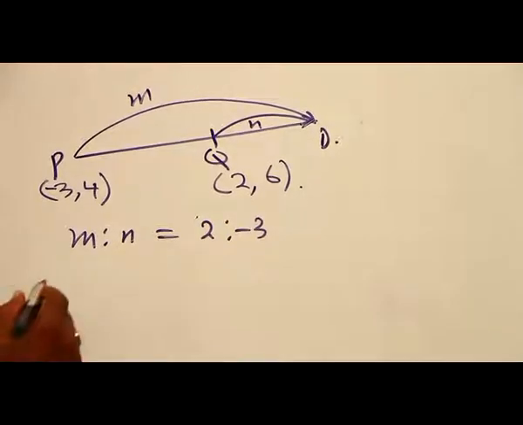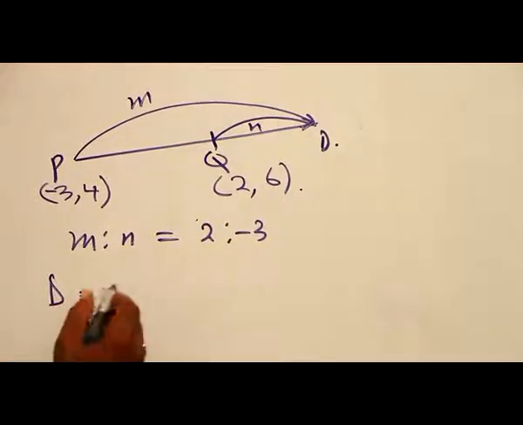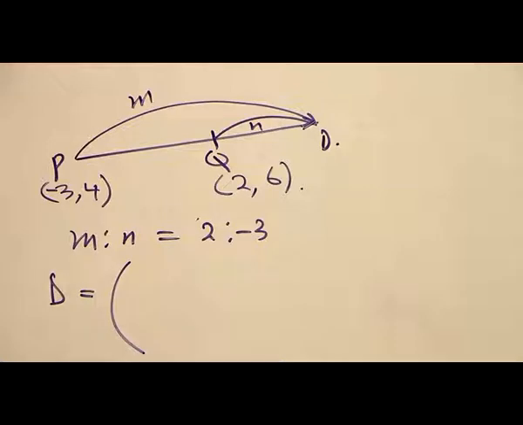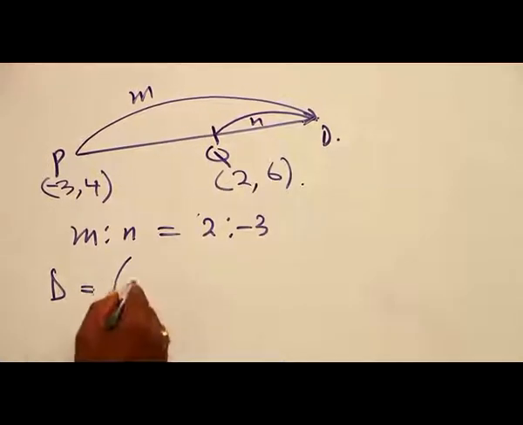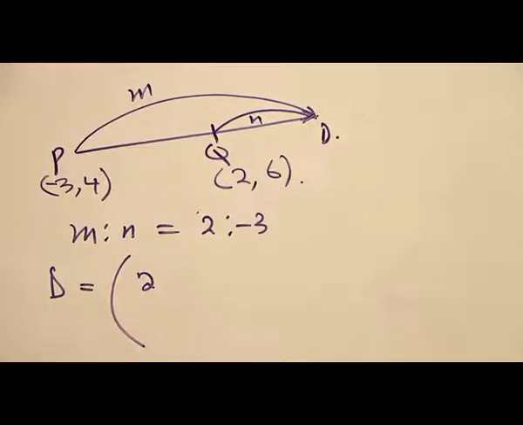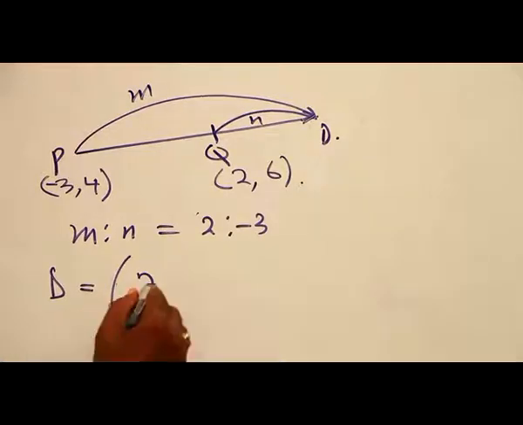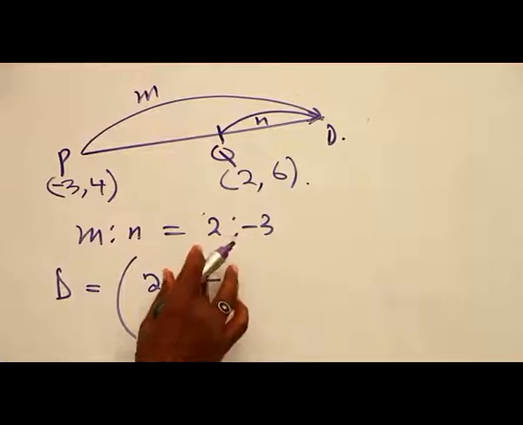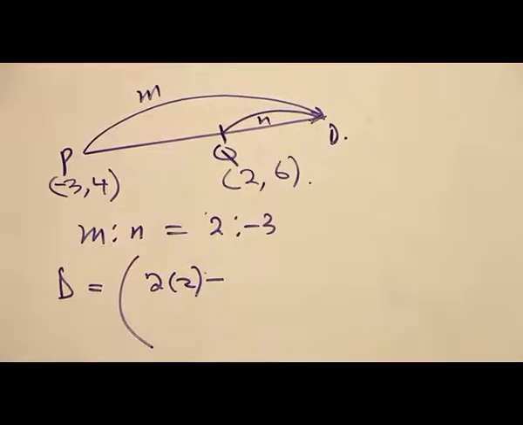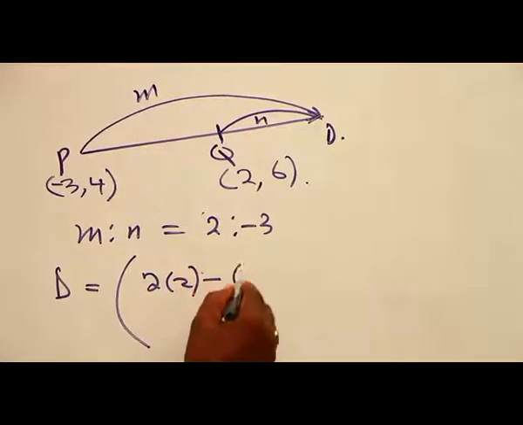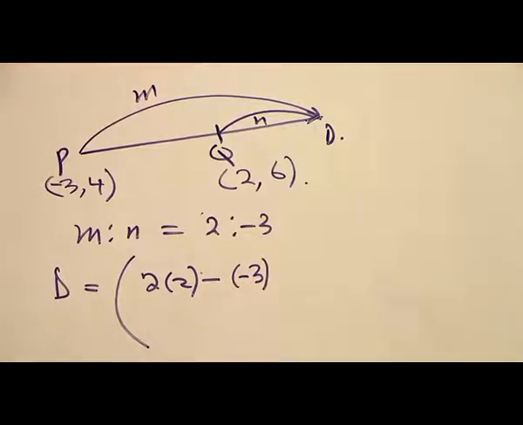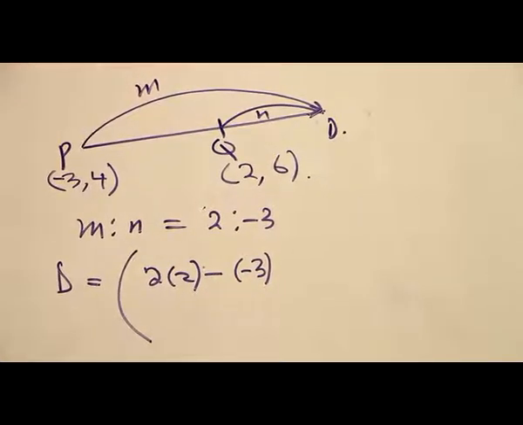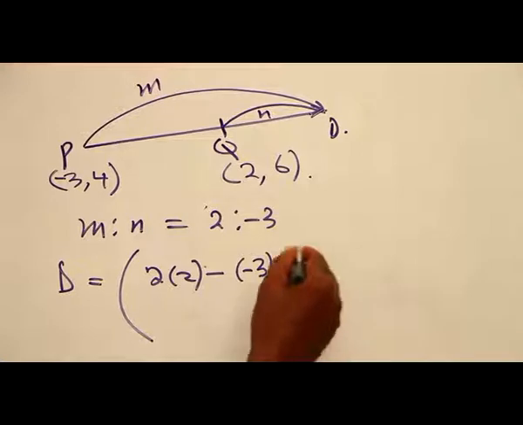Then the point D will be defined by, open bracket, our m, which is 2, multiplying our x2, which is 2, and then, this time it will be minus because it's external, minus n, which is minus 3, into our x1, and our x1 there is again minus 3.